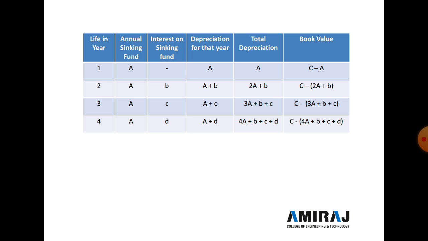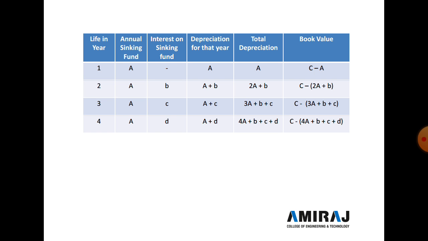So here total depreciation for the first year is A, in the second year A plus A plus b, means 2A plus b, and in the third year, the summation of the first and second year depreciation gives the total depreciation of 3A plus b plus c, and the fourth year 4A plus b plus c plus d.